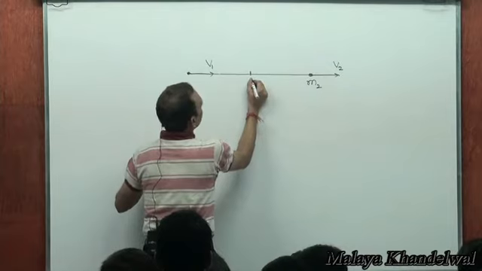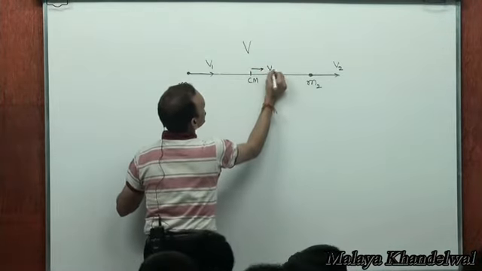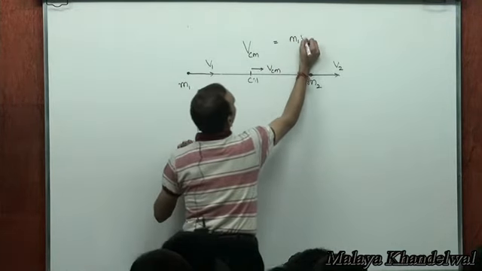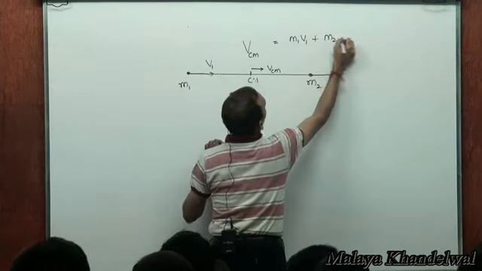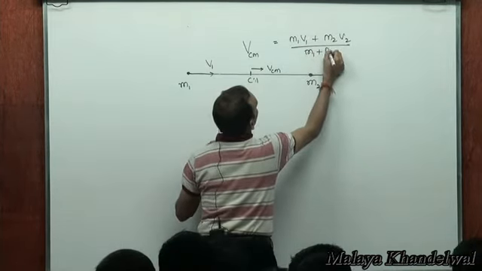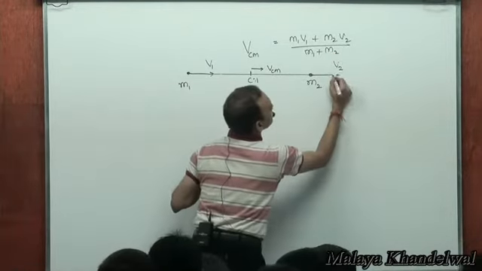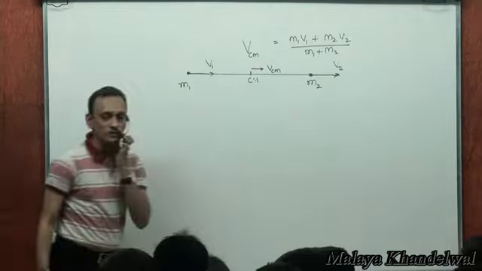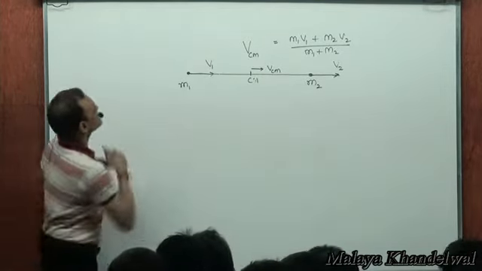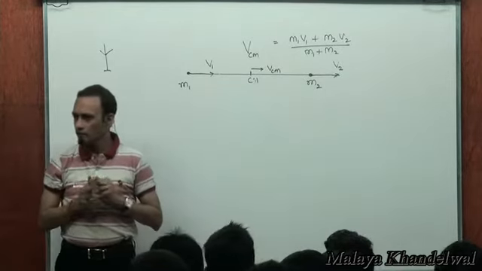Then the center of mass will have a velocity vcm given by m1 v1 plus m2 v2 by m1 plus m2. This gives the velocity of the center of mass of this two particle system, as seen by a ground observer, say. Okay.